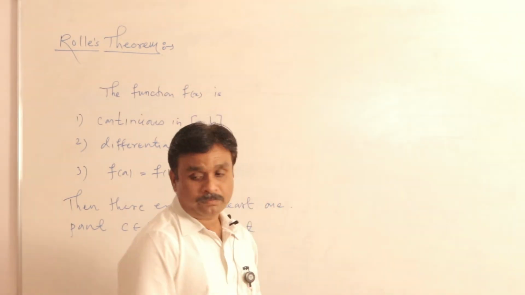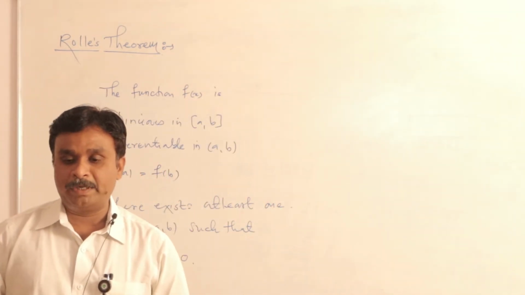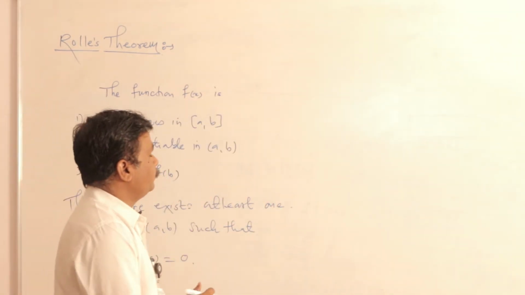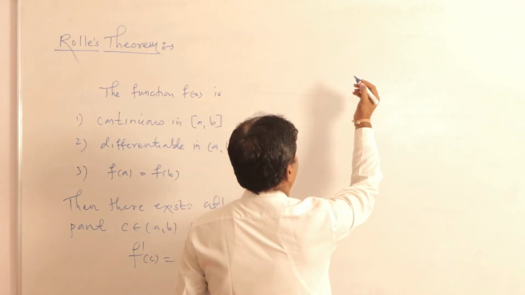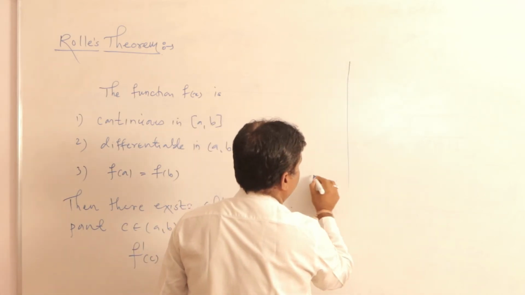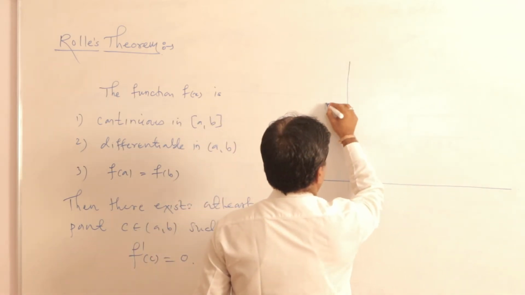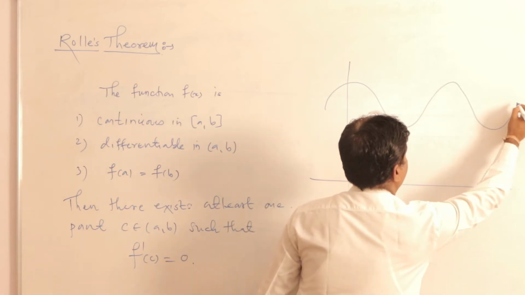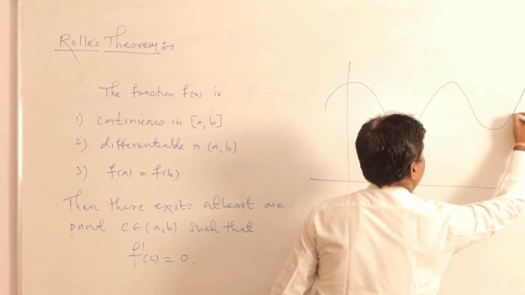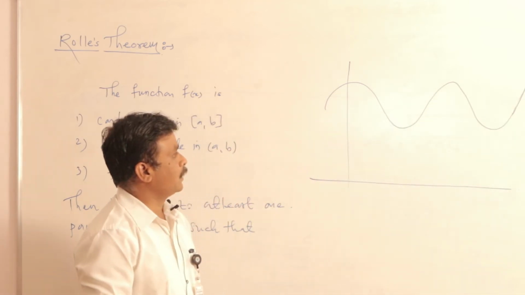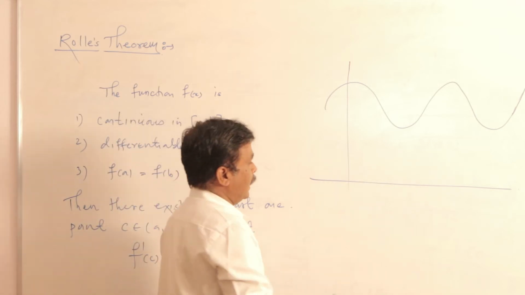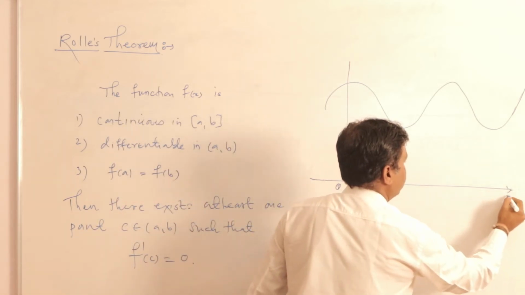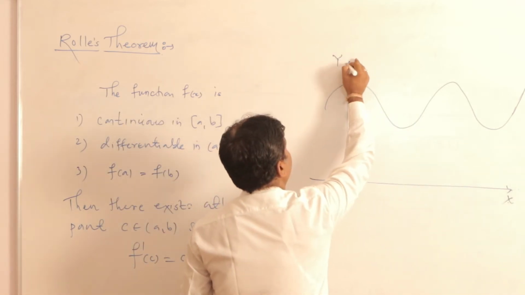Now, if we go through the geometrical interpretation of Rolle's theorem, let's consider the function which is plotted on the x-axis and y-axis here.